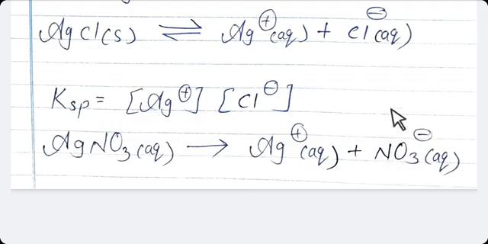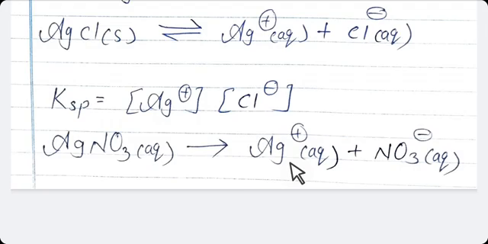So in these two reactions the Ag plus ion is common, but the difference is that silver chloride is the weak electrolyte and silver nitrate is a strong electrolyte. The dissociation of AgCl and AgNO3 produces a common Ag plus ion. The concentration of Ag plus ion in the solution increases owing to complete dissociation of AgNO3.